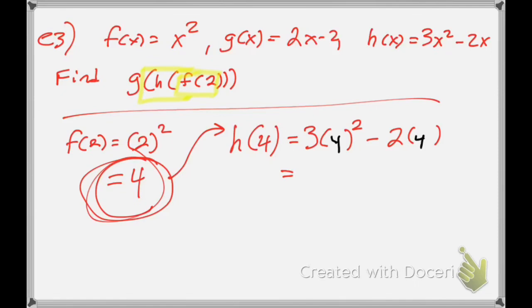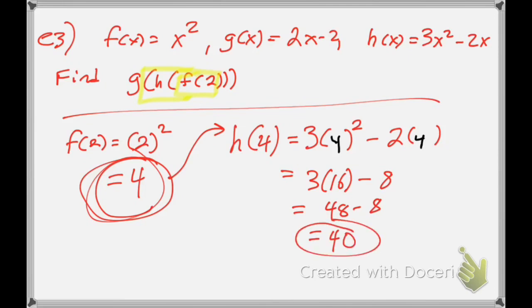And make sure you follow PEMDAS, so I square the 4 first. That gives me 16, so I get 3 times 16 minus 8. That will give me 48 minus 8, which gives me 40. Now last thing I'm going to do, I work my way out to the g, and that gives me g of 40.